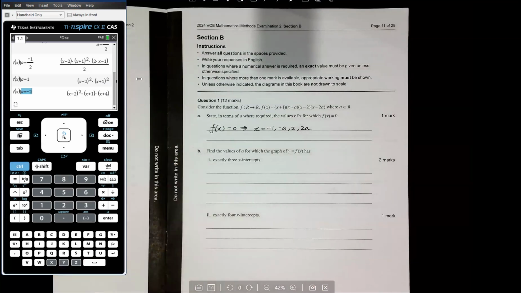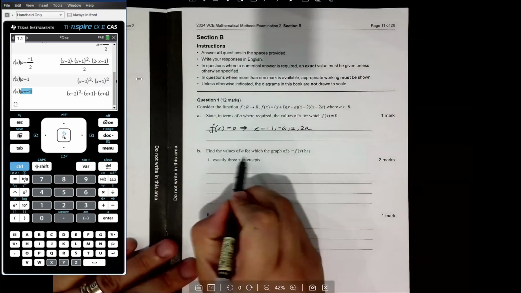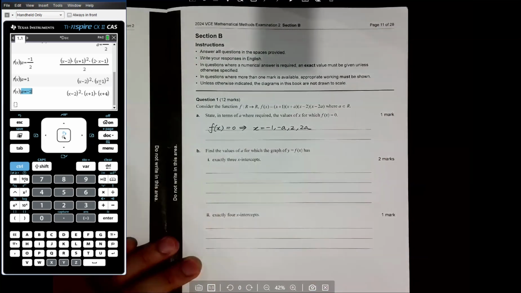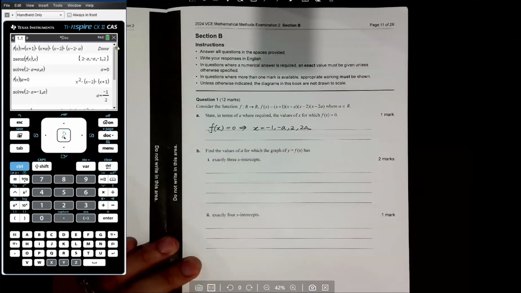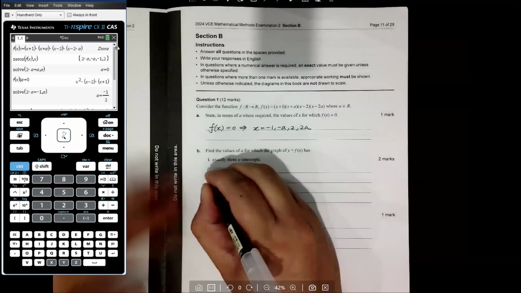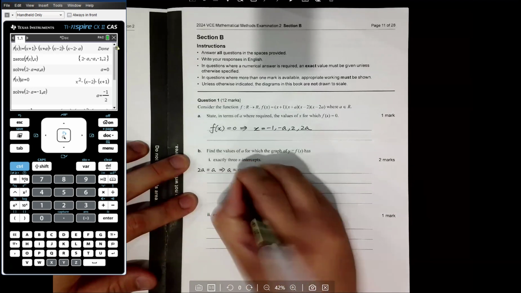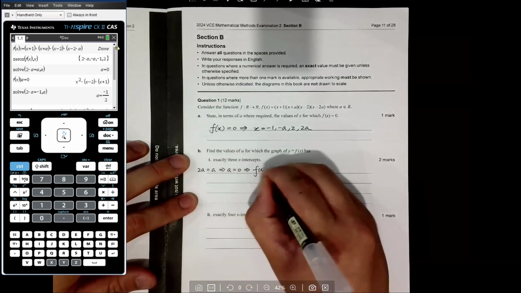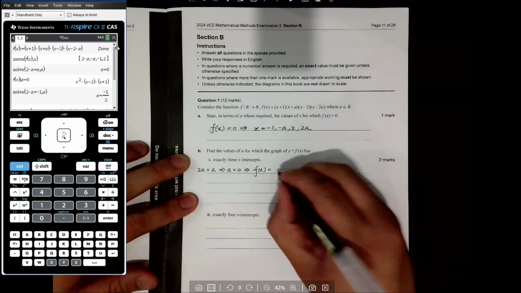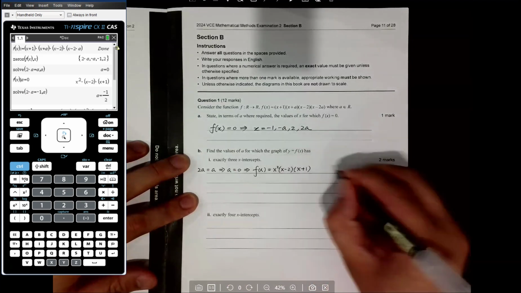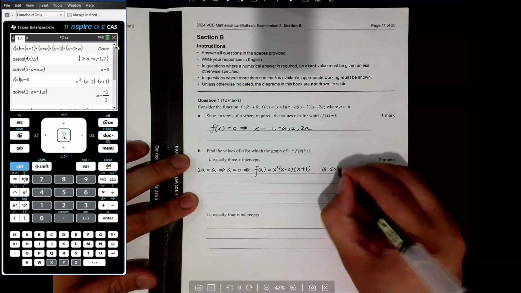Okay? The values of a for which the graph has 3 intercepts. My working out: 2a equals a gives a equals 0. So f of x equals x squared, (x minus 2)(x plus 1). 3 solutions.